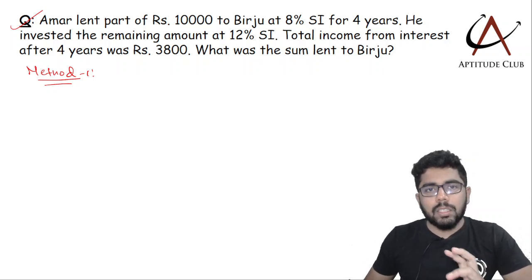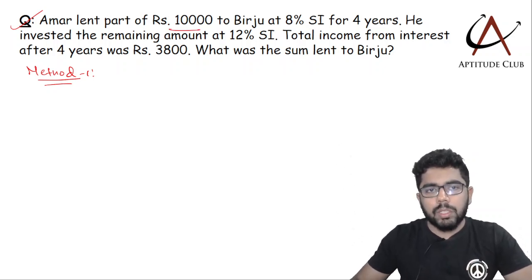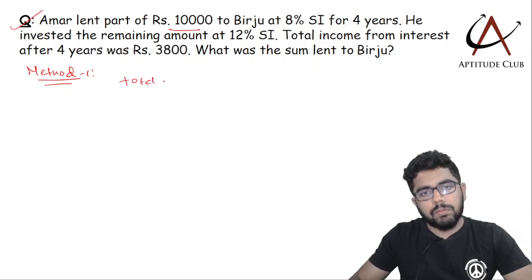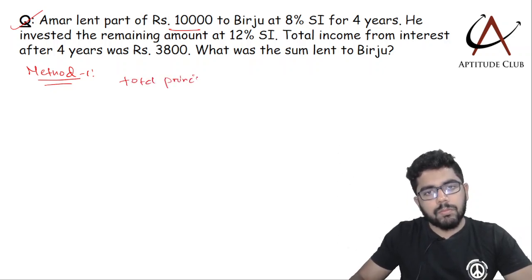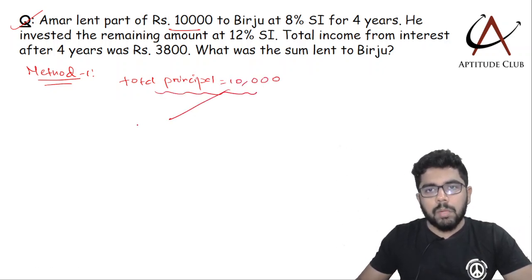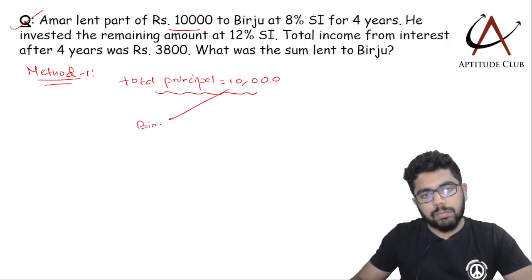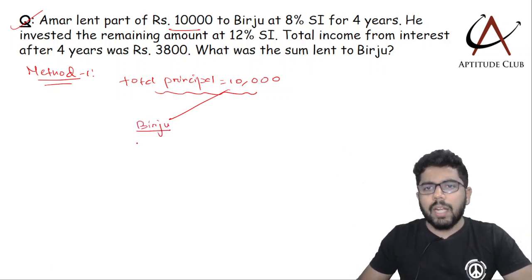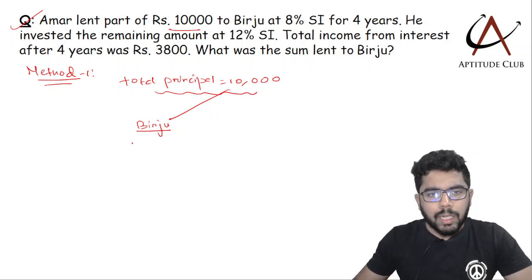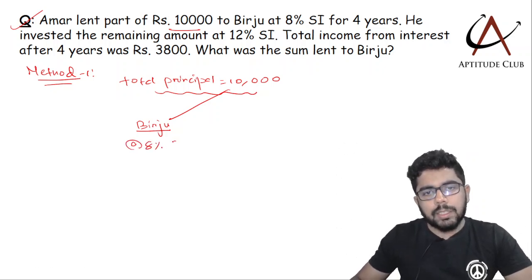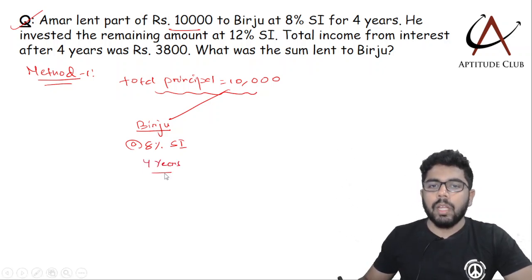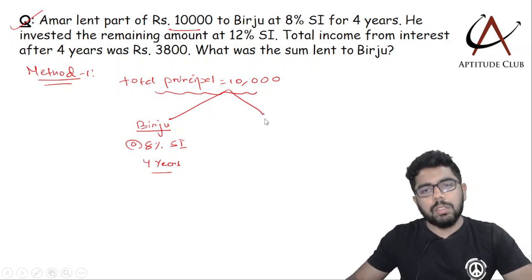So Amar has lent a part of rupees 10,000. So my total principal is 10,000. One part of this Amar has lent to Birju. I don't know what it is, but that part was lent at 8% SI. Time period is 4 years. And the remaining part he has invested.